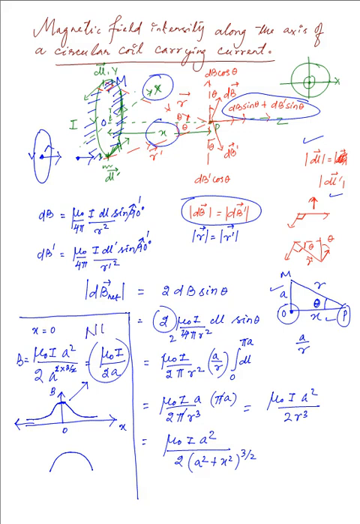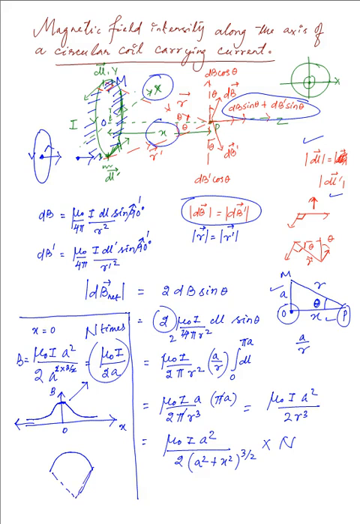Here also you will multiply a factor n for n number of turns, because each turn will be giving the magnetic field along the same direction, and each of those magnetic fields is going to get added, the direction being the same.